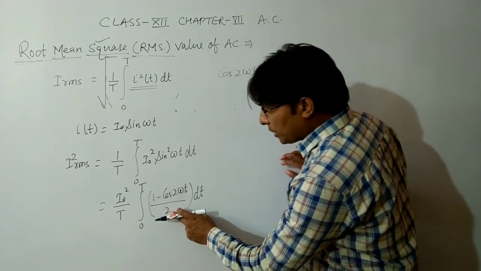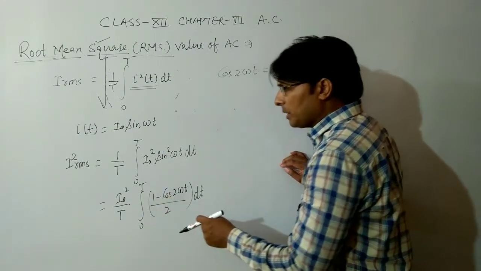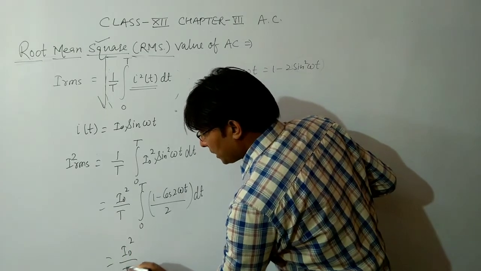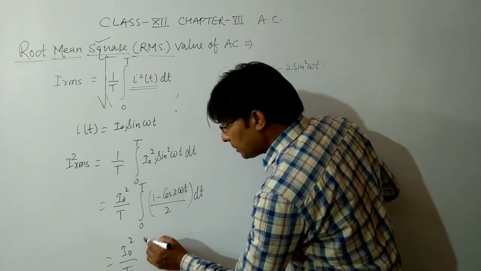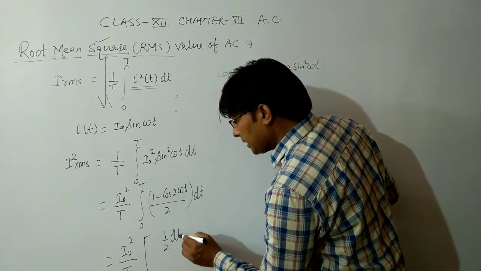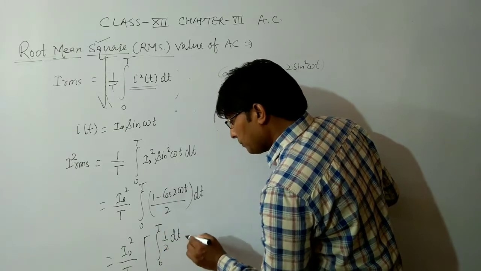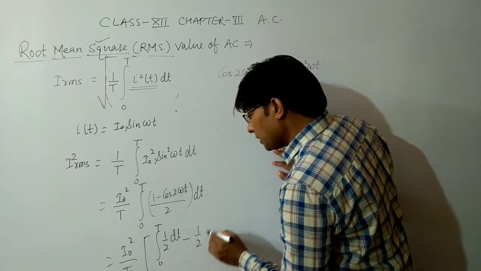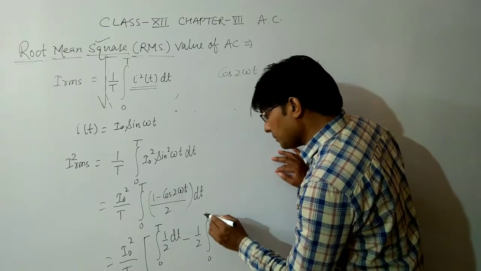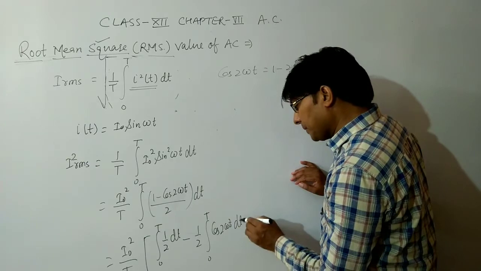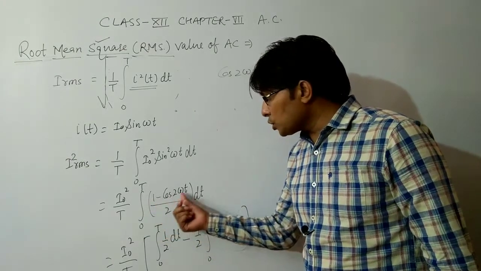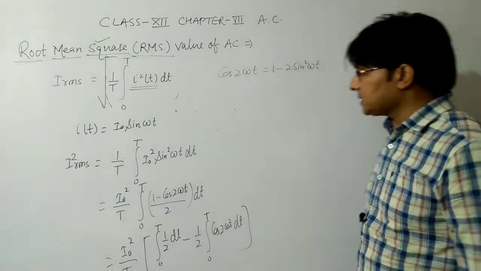Now this 2 can also be taken outside, or you can simply write it as I naught square upon T, and this can be written in parts as 1 by 2 dt integration from 0 to T, minus 1 by 2 integration cos 2 omega t, integration limit from 0 to T, and dt. So we can break this 1 minus cos 2 omega t divided by 2 like this.